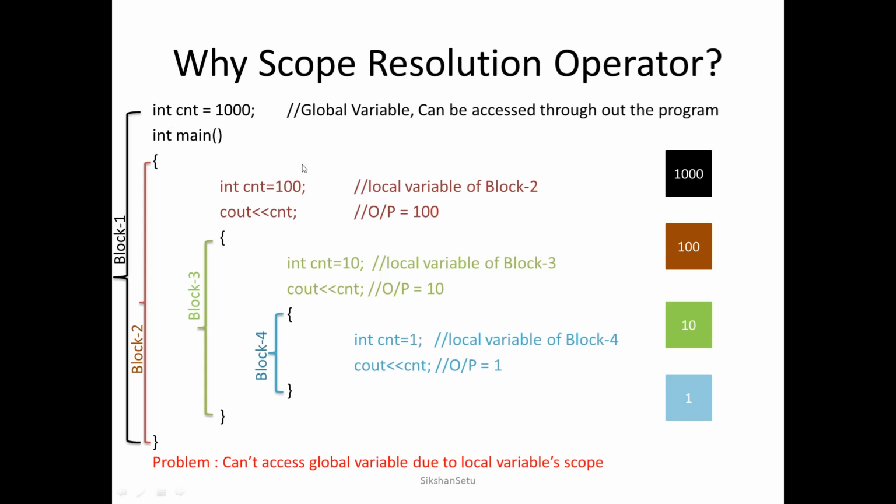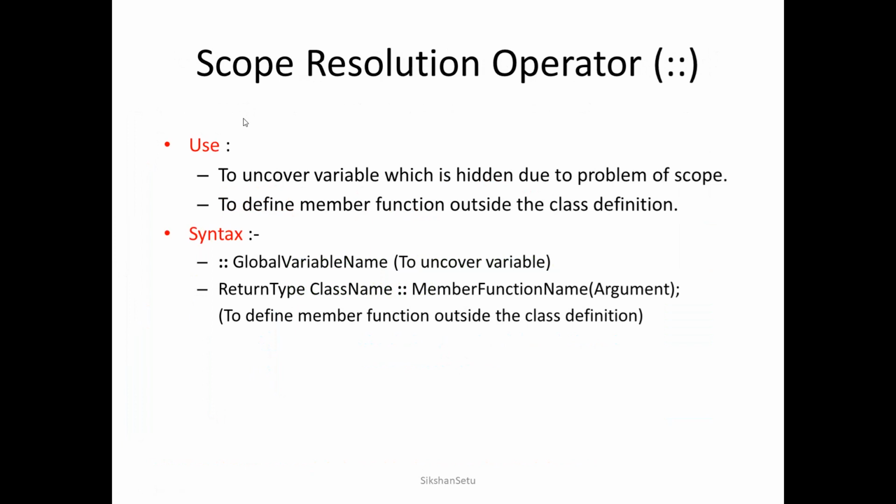Why? Because the local scope is having higher priority, so this variable which exists is hidden due to the scope of the local variable. So to uncover that, to access that global variable, we can use the scope resolution operator.